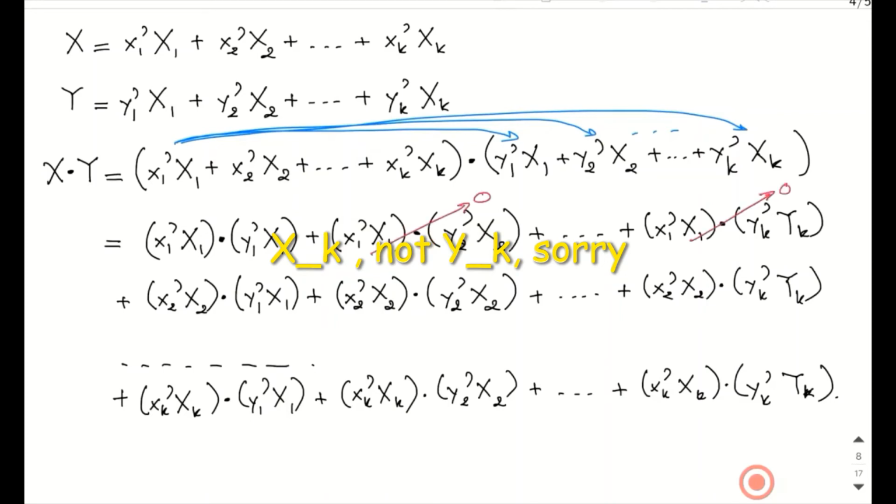All of these are going to be 0 except the diagonal, because on the diagonal it is where you have the vector dot with itself, X1 with X1, X2 with X2, Xk with Xk. Oh, by the way, this is Xk. Sorry about the confusion here. This is Xk.